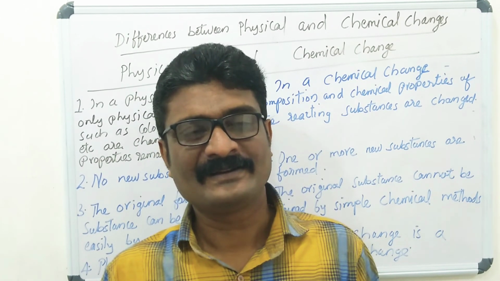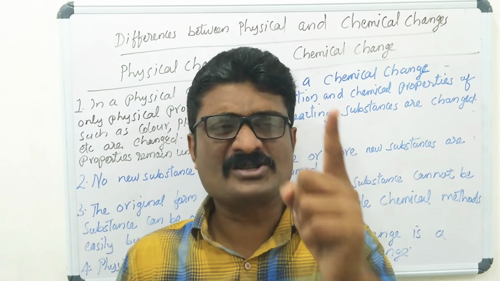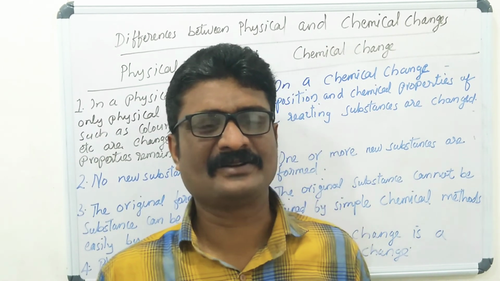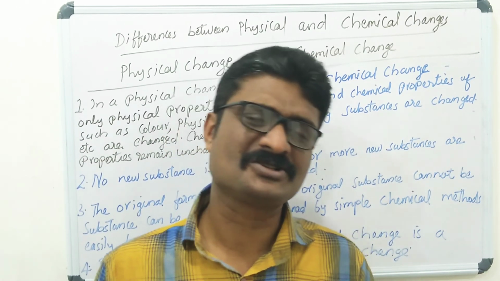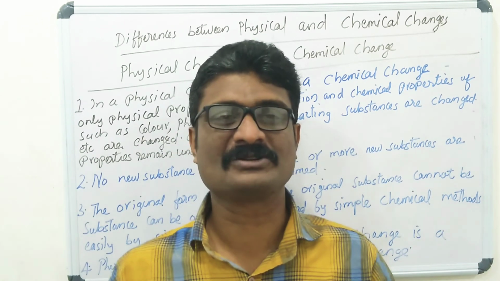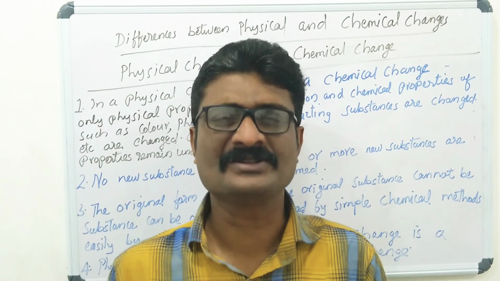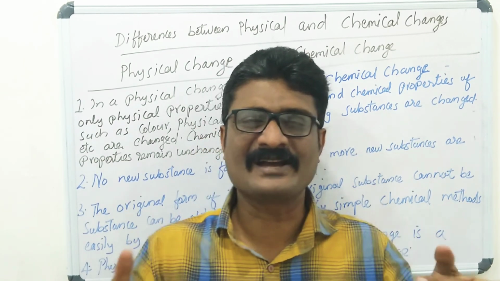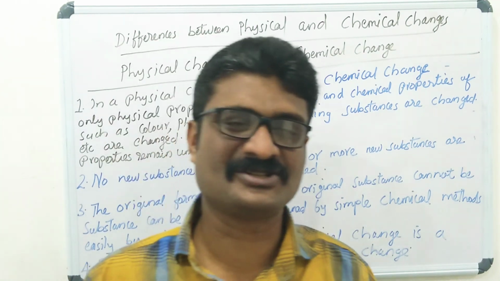Then my question is, is it possible to get back raw food or flour from the cooked food? No, it is not possible. Therefore we can say cooking of food is a chemical change.